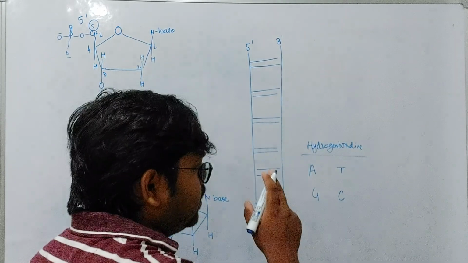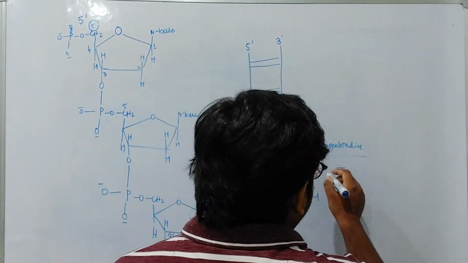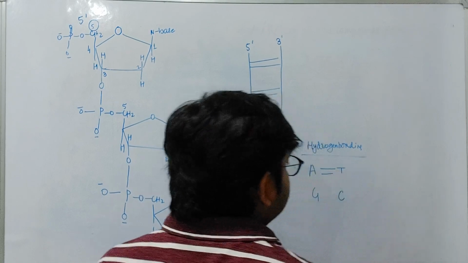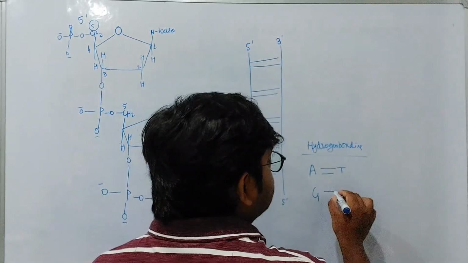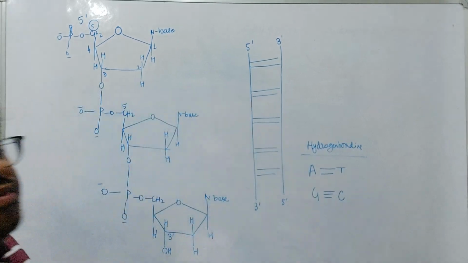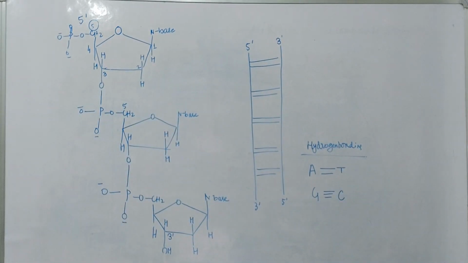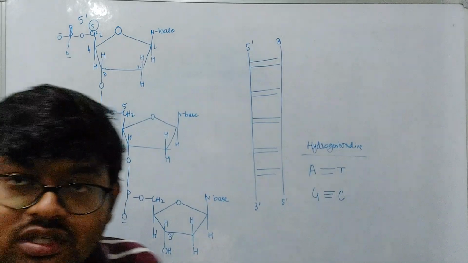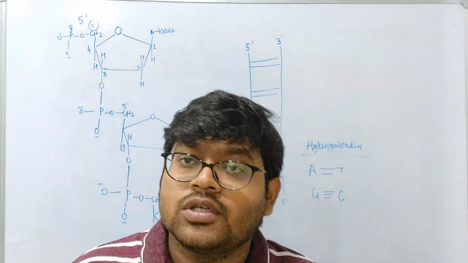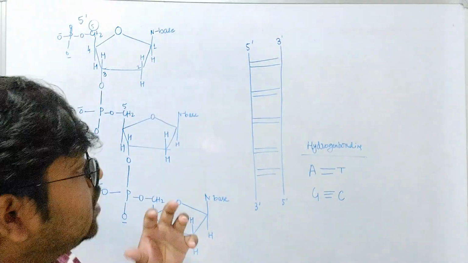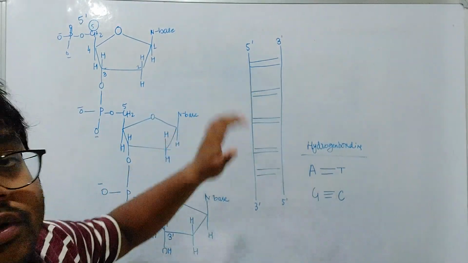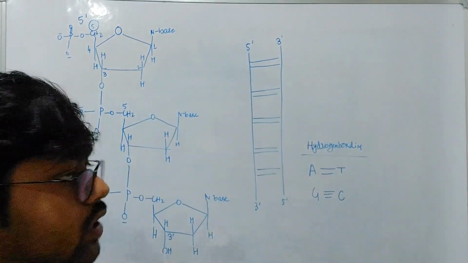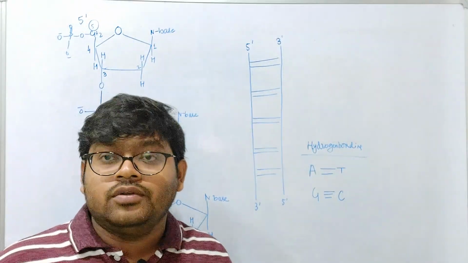In between adenine and thymine there are 2 hydrogen bonds, and in between guanine and cytosine there are 3 hydrogen bonds. So this is how the structure of DNA looks. That is the basic reason for the 3 prime and 5 prime that you read. I hope everyone has understood. Thank you so much.